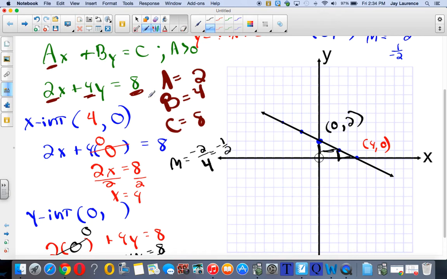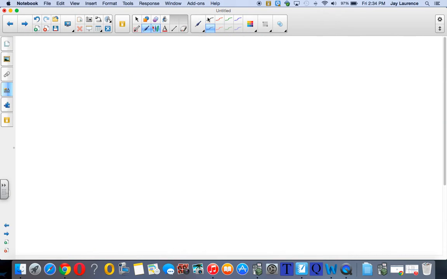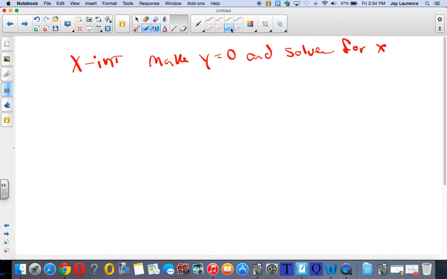Okay? So let me go over this again real quick. To get the x-intercept, make y equal to 0 and solve for x. To get the y-intercept, we make x equal to 0 and solve for y.